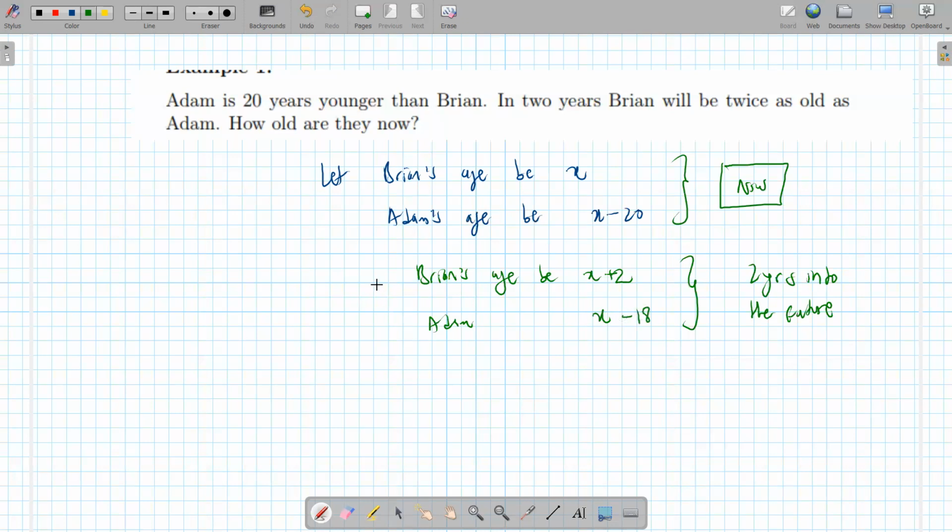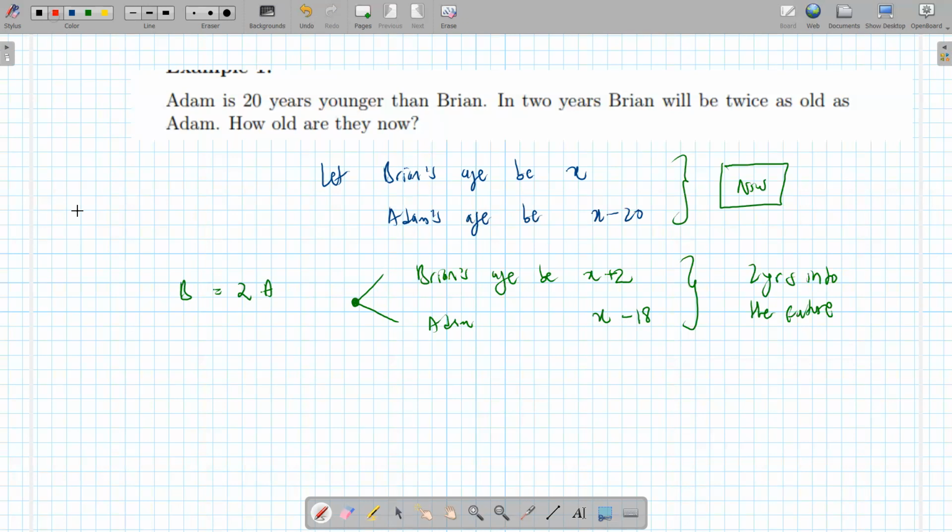X minus 18. How are these two related in 2 years from now? We know that Brian, and Adam, whatever Adam's age is, Brian is gonna be twice as old, right? In 2 years?